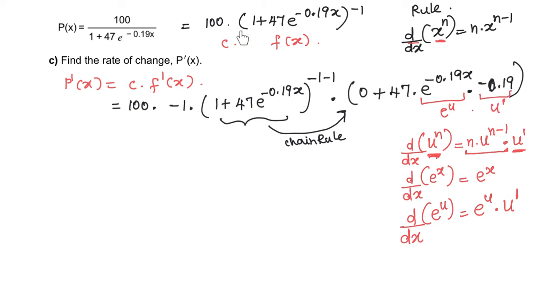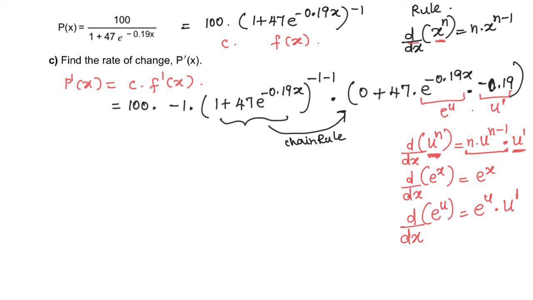Let me explain the derivative again. Constant times derivative of this function. So bring the exponent in front and subtract 1 from the exponent. The inner function stays the same. Then multiply by the derivative of the inner function. The derivative of 1 is 0. The derivative of this whole thing is again a constant times a function, so it will be constant times derivative of the function.